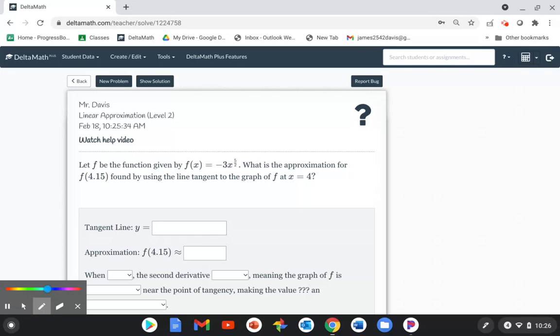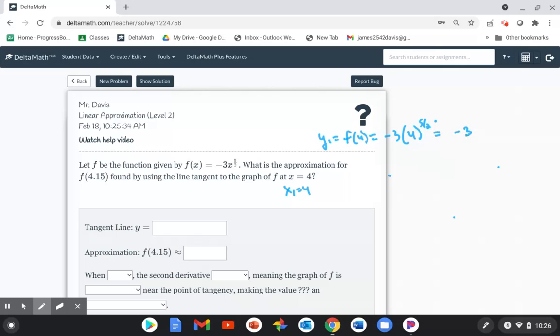Approximation for 4.15. Let's go ahead. We got our x1 there. So to get our y1, we need to plug it into the function. So y1 is going to be f of 4, negative 3 times 4 to the 5 halves. Again, this is something you can do without a calculator.